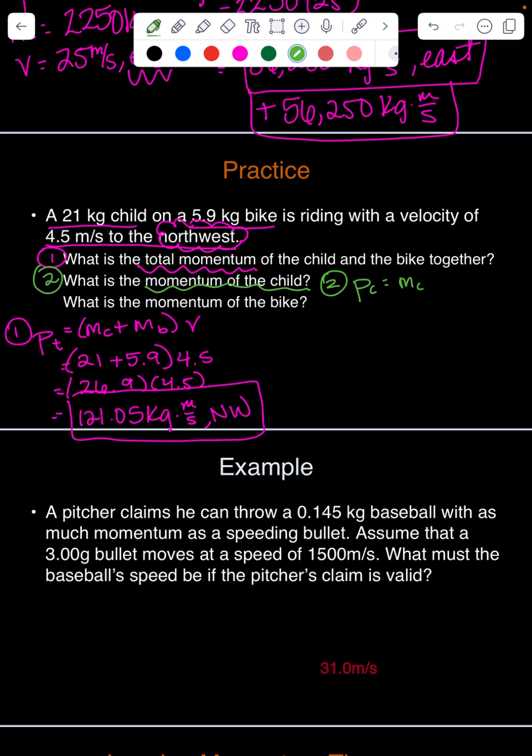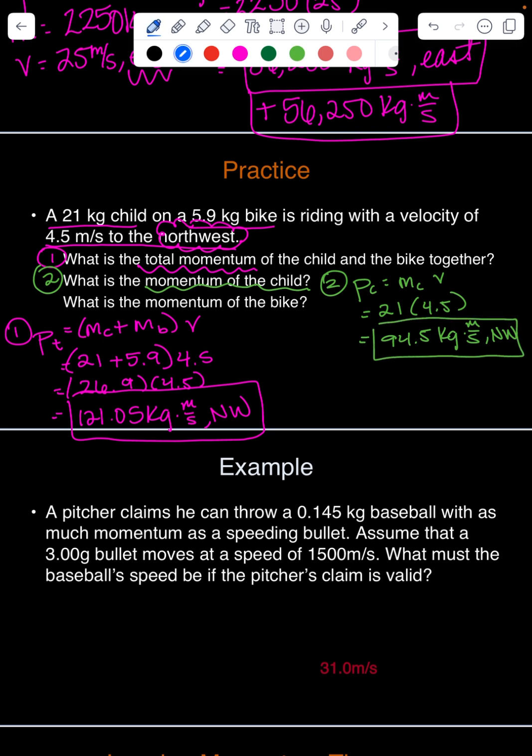No. That child is traveling at the velocity of the child and the bike. So we're just going to keep that one velocity. So we have 21 times 4.5. We do get 94.5 kilogram meters per second, again to the northwest.